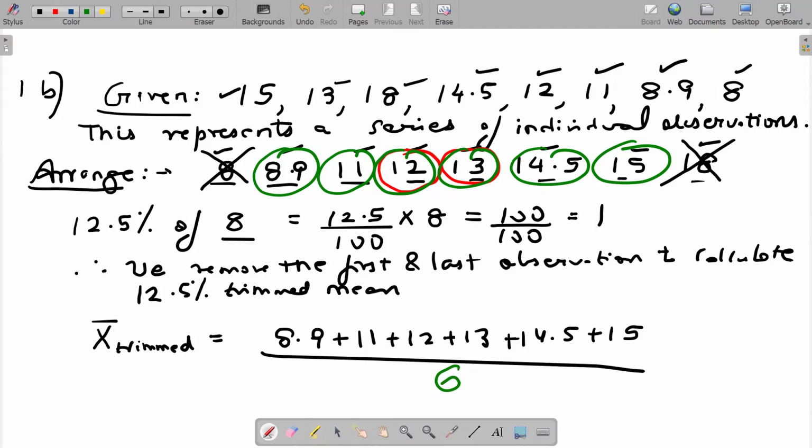So I divide by 6 because I removed the first and the last. If you use your calculator, you can verify that this comes out as 12.4. So the trimmed mean is 12.4.